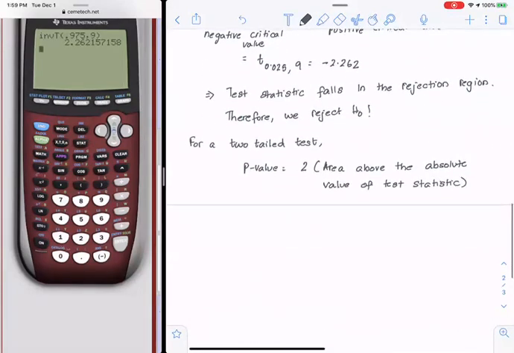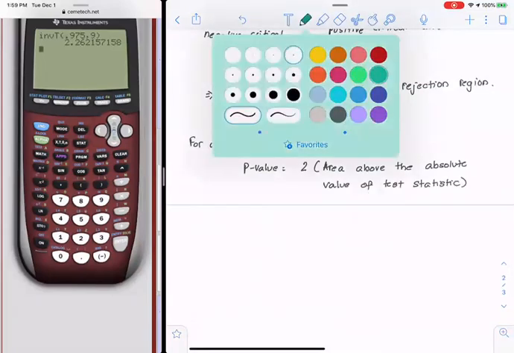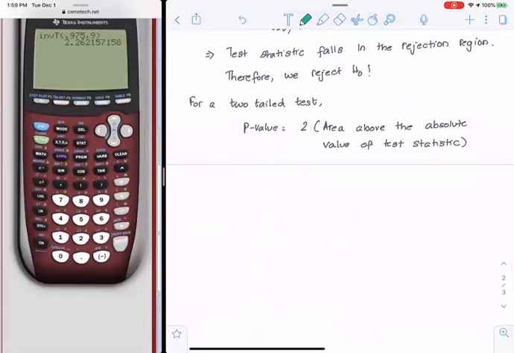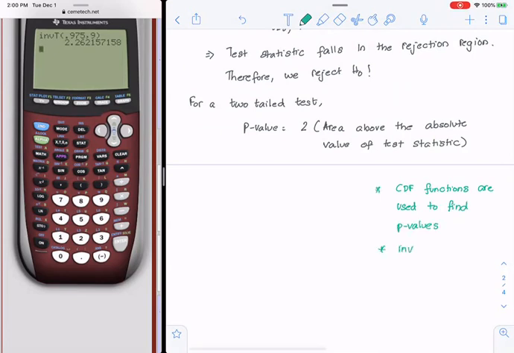Going to put a side note here. This is something that you should not forget.